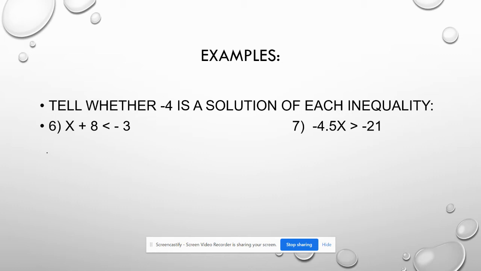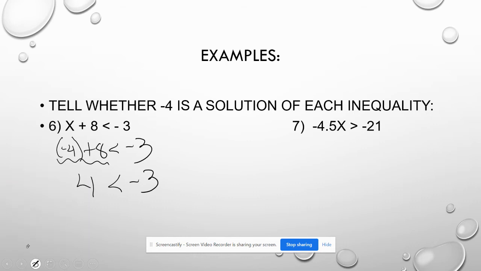The other method that we could do is to just plug in -4 for the variable and see if that's true. -4 plus 8 is +4. Is +4 less than -3? And the answer to that would be no, it is not. So not a solution.